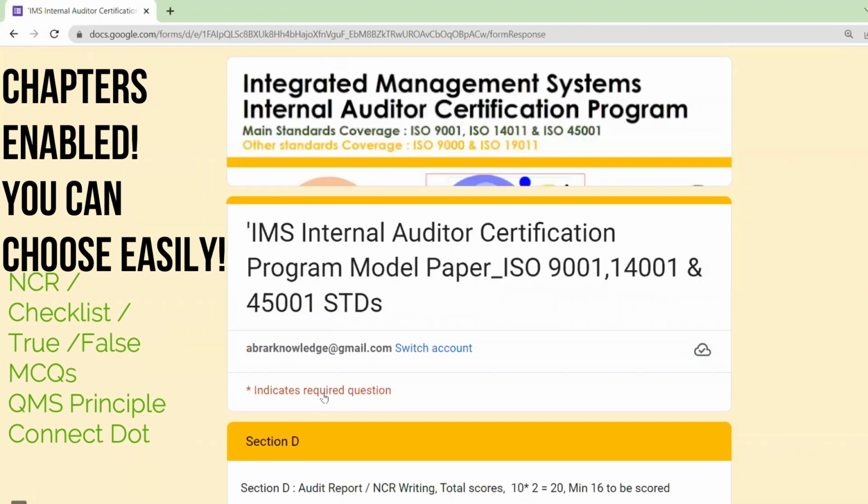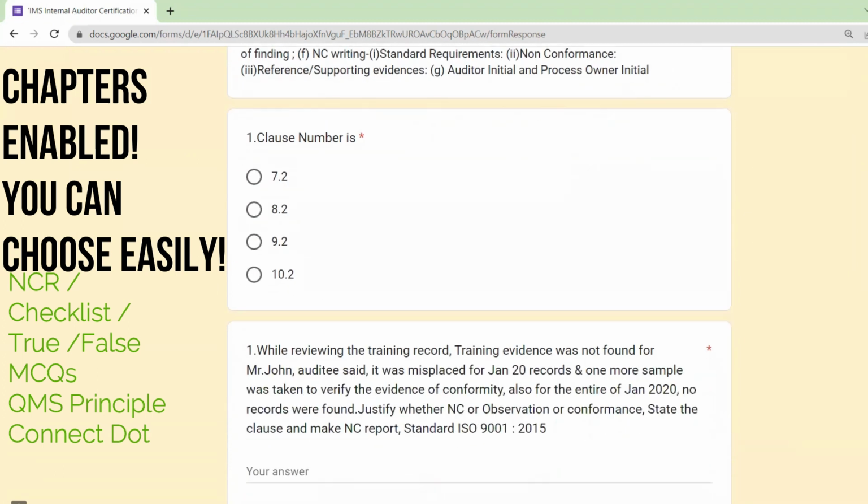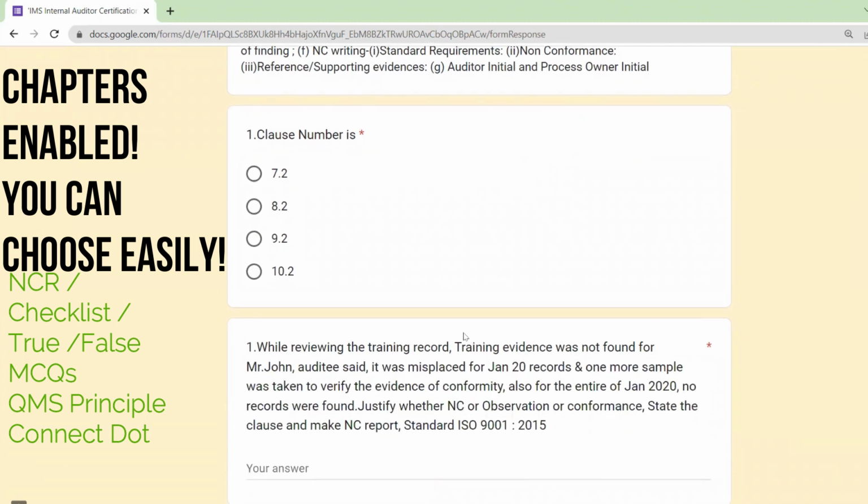We are going to one last section called NCR, non-conformity report writing. So these are the two situation scenarios being given. You have to give a class number. So this is the class 1, and this is the answer you can select here. While reviewing the training record, the training evidence was not found for Mr. John. RDT said it was misplaced in Jan 20 record.